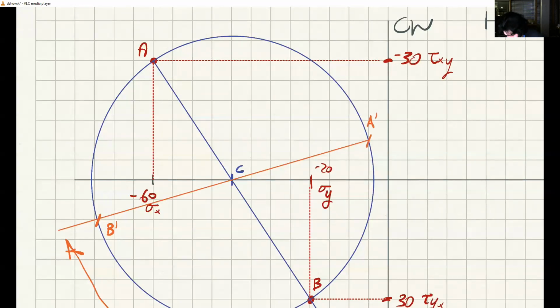And so I know that A prime has coordinates sigma x prime and tau x prime y prime.